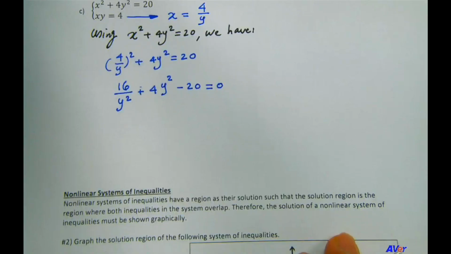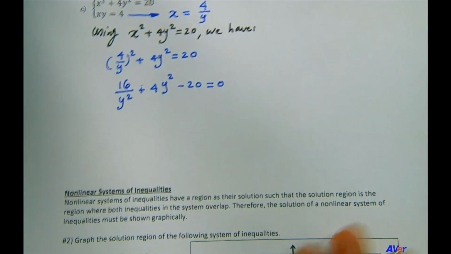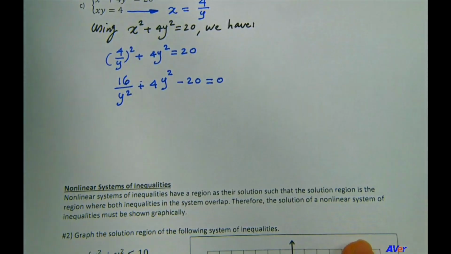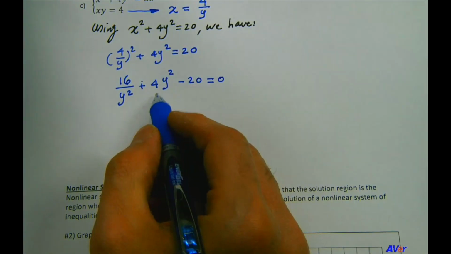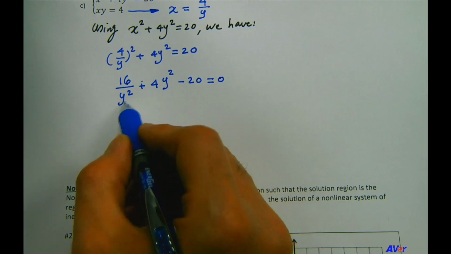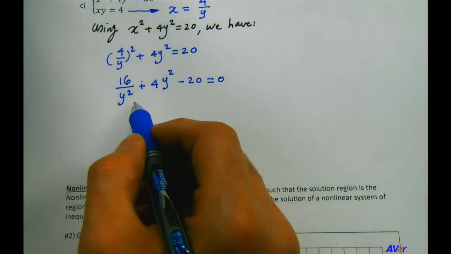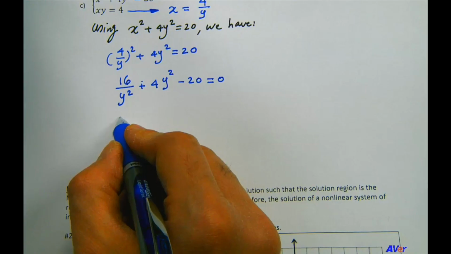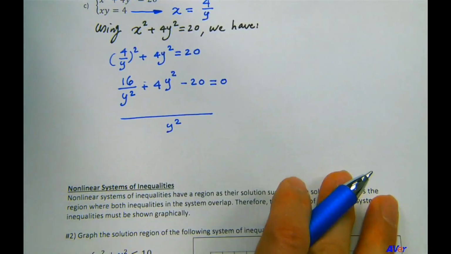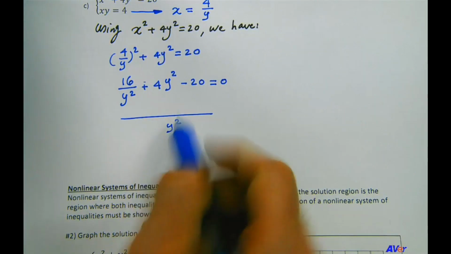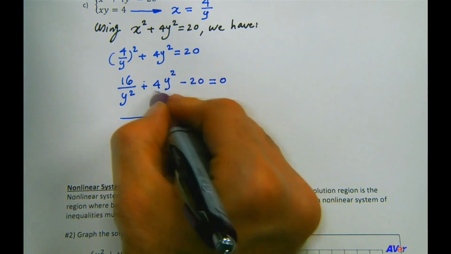What would you do next? Or what have you done next in your own solution? Well, let's take the common denominator. The common denominator in this case is y squared, right? So y squared is the common denominator. Now, compare this, and the denominator here is 1.